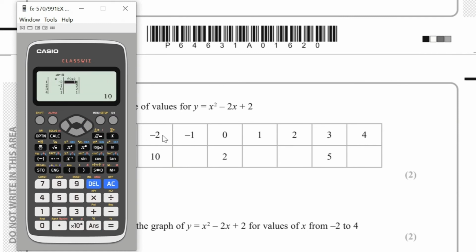So here we have 10. When x is -1, y is 5. When x is 1, y is 1. When x is 2, y is 2. When x is 4, y is 10. So here is our completed table.